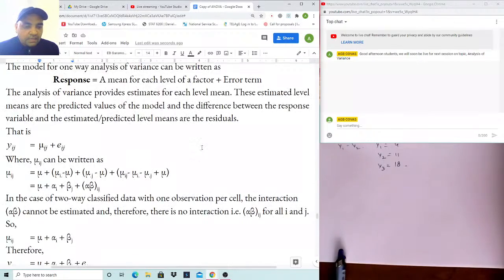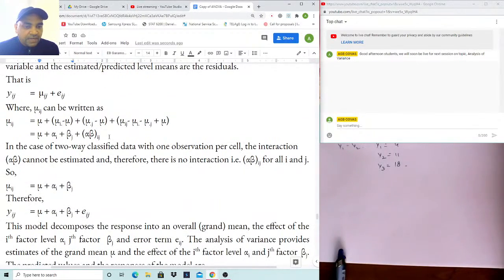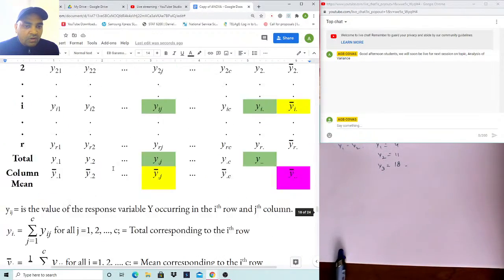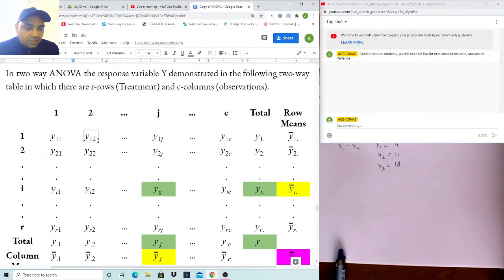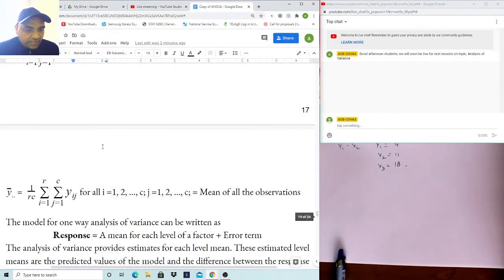So instead of simply alpha, there will be alpha and beta. And there would be one more component, their interaction. But because there is only one observation in each block, if there could have been more observations here, then we could find the interaction also. But in this case, this interaction will be 0.